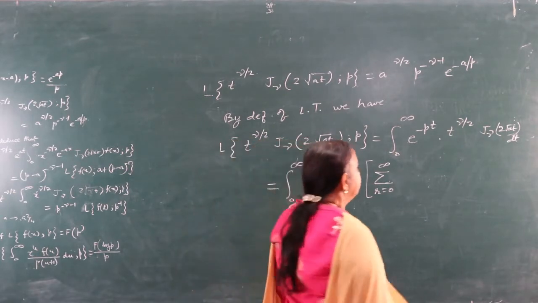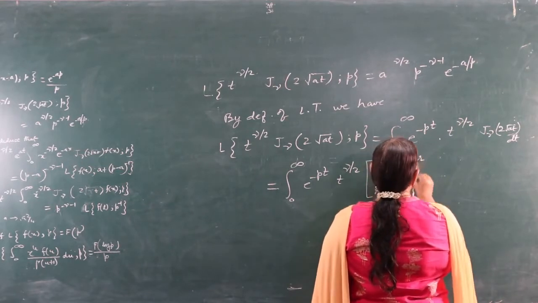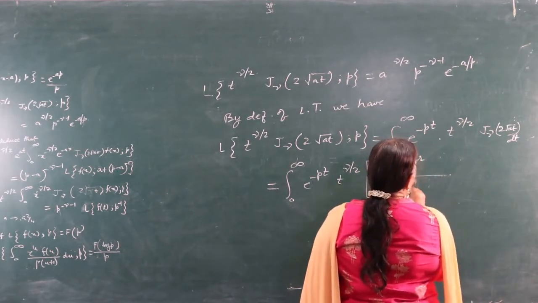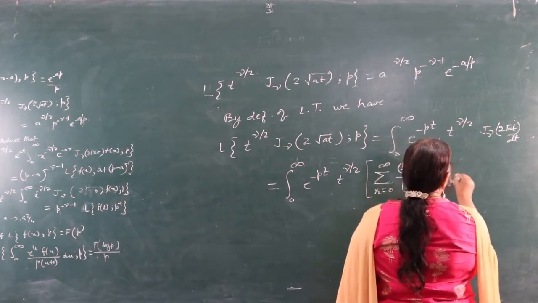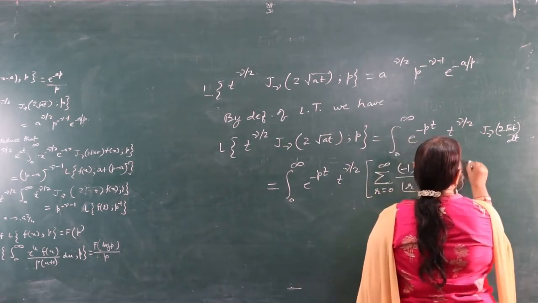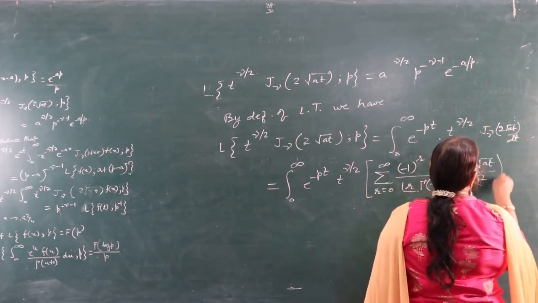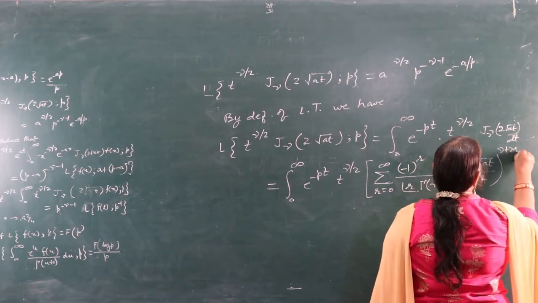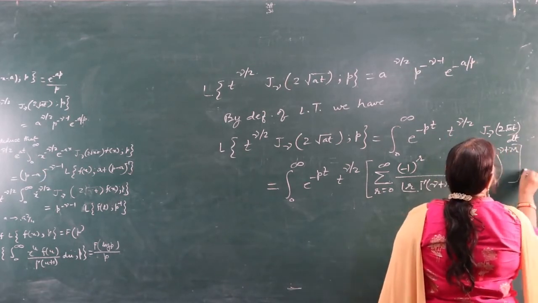We have J nu की वैल्यू सब्स्टिट्यूट करेंगे, summation minus 1 raised to r by factorial r gamma nu plus r plus 1 into 2 under root a t by 2 raised to power nu plus 2r dt.